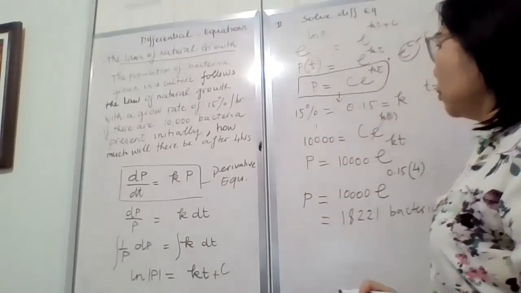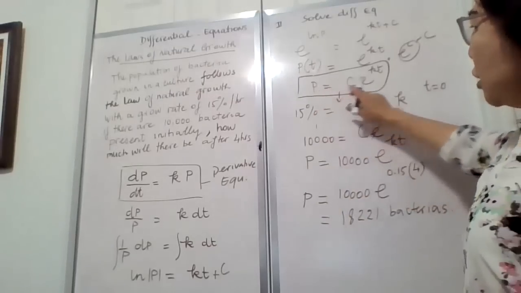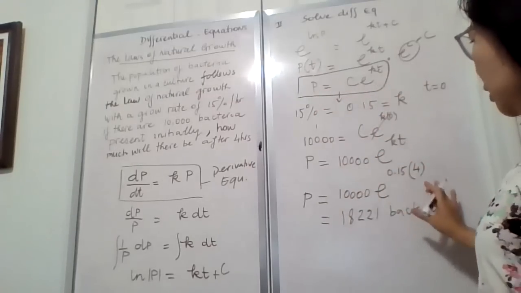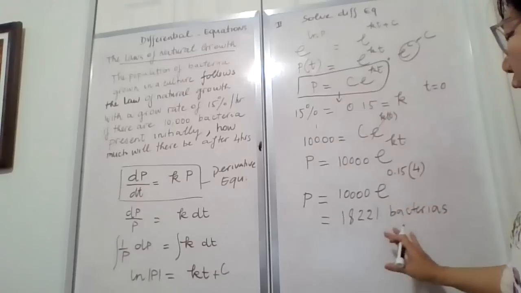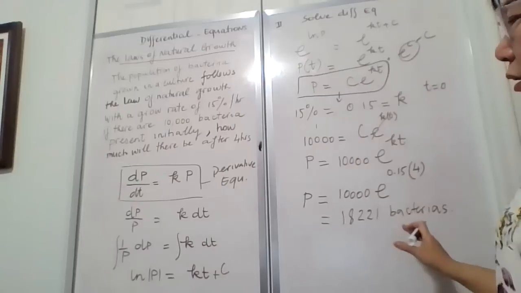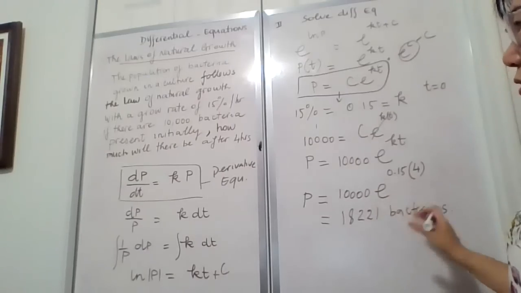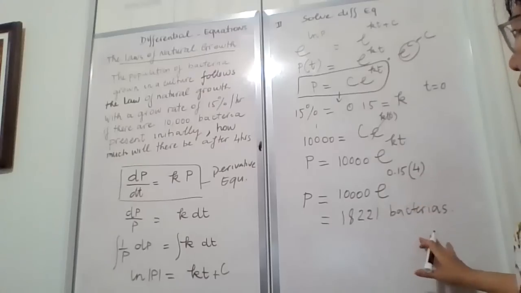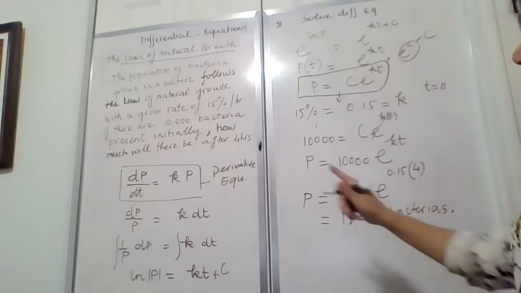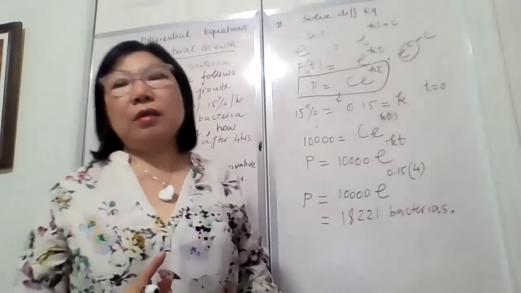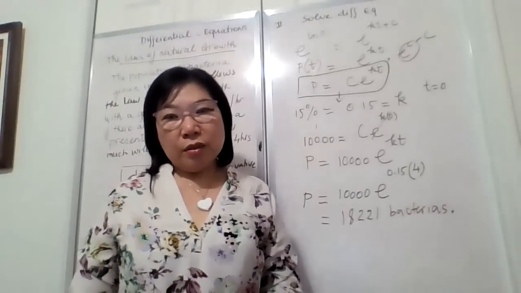We can write it like that as well. So this function helps us to follow this formula and find out how many bacteria will grow, following the laws of natural growth. This is one of the applications, but there are many more to come, up to the logistic equation.